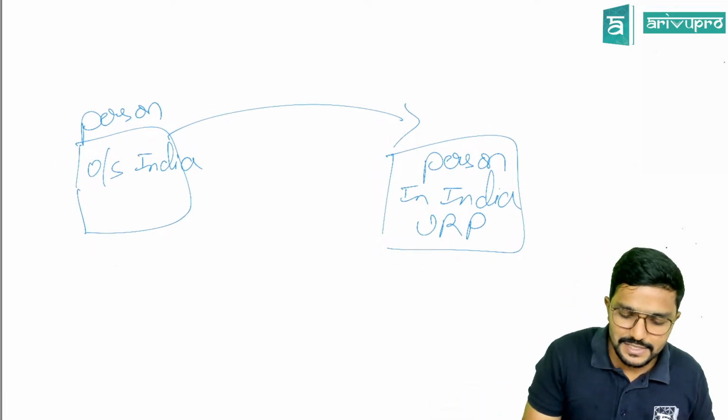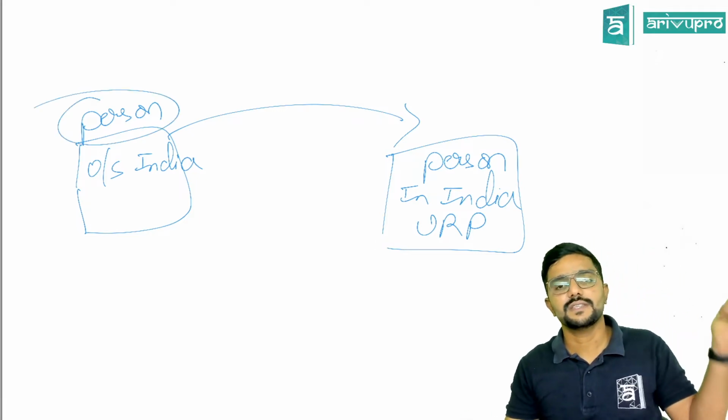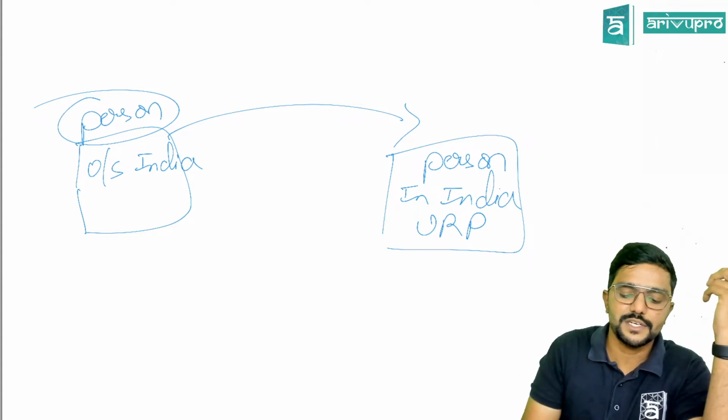In that case, they're asking this person to get registered in India. He's outside India, but still they're asking him to get registered in India. Clear? As per section 24.